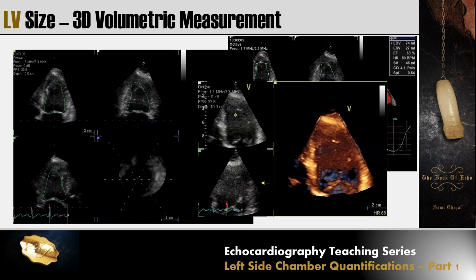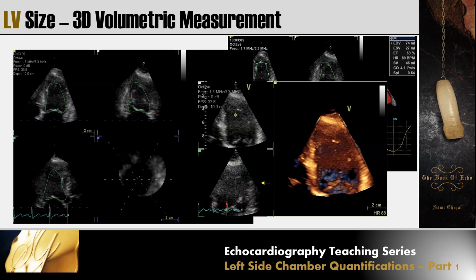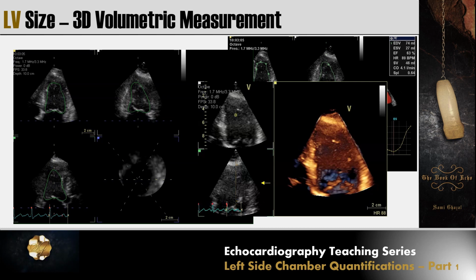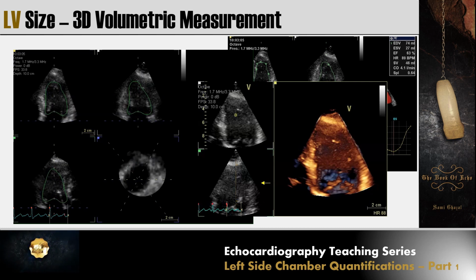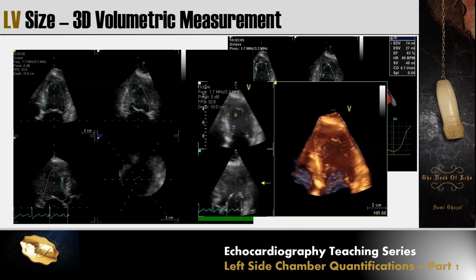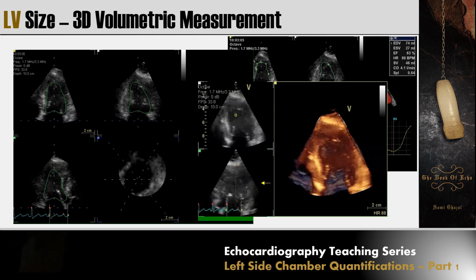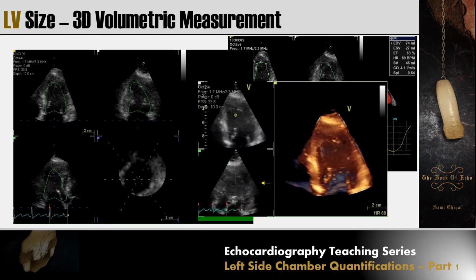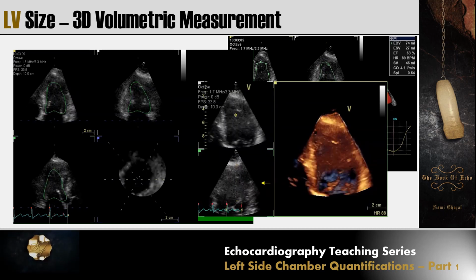3D LV volume is the best if you can do it. It has the advantage over 2D that foreshortening by itself is less relevant, because you have the full volume and you can cut it in different ways. Usually it is more reproducible because it is less operator dependent, because the tracing will happen in an automated or semi-automated way, and you can adjust the tracing.